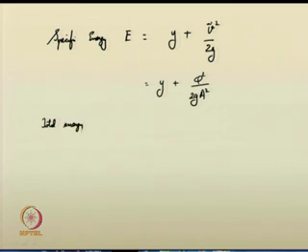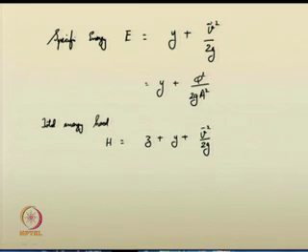Before deriving specific energy in that class, you had also suggested that total energy head H is equal to datum head plus pressure head plus velocity head, v squared by 2 g, where z is your datum head.